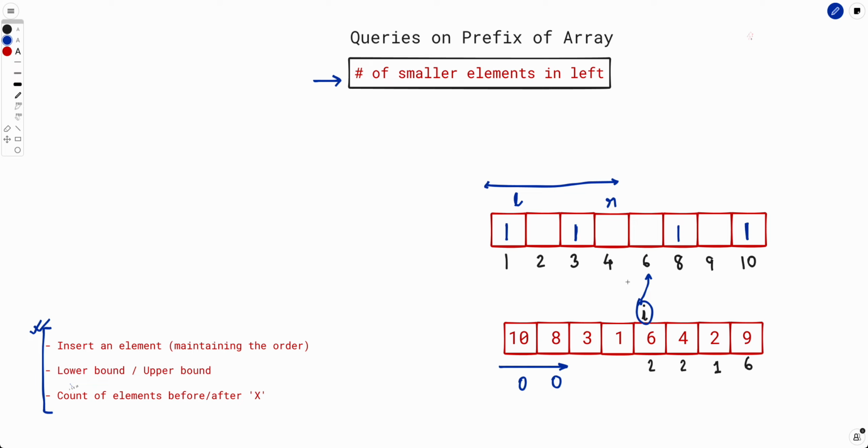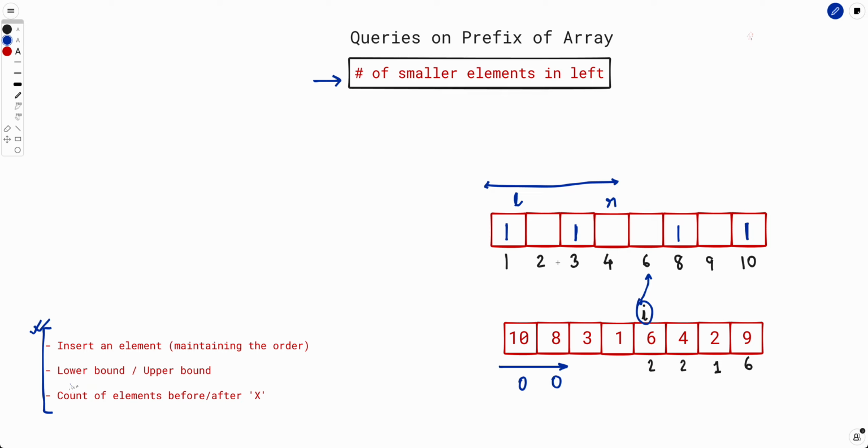So what we now need is finding out how many of these elements actually lie in the left, because this is the sorted array of the entire array. You can see only 3 and 1 lie in the left, but 2 and 4 are also smaller than 6, though 2 and 4 lie in the right. We only need to count the number of elements which lie in the left.